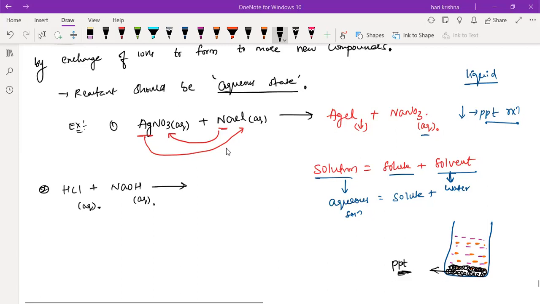NaCl plus OH2. It is not OH2, it is H2O. Okay, sir. H2O is water, right? Yes, sir. NaCl is the salt. Clear? Yes, sir. So this is one reaction. Good. What about this?